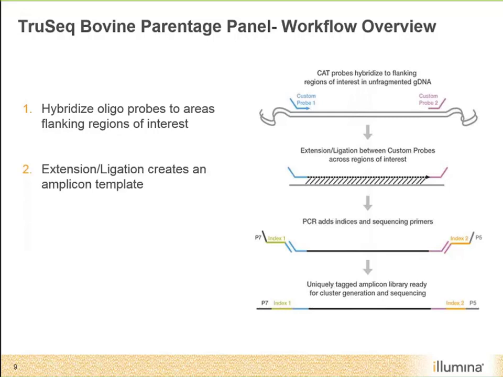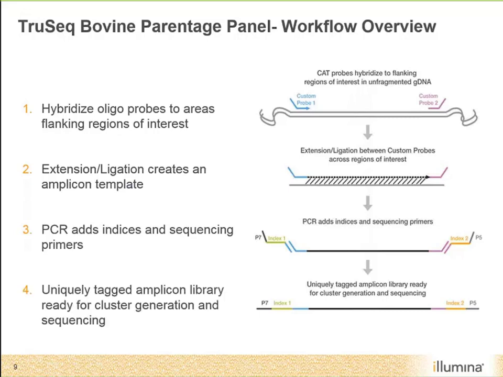We then proceed with an extension ligation that creates an amplicon template. From this amplicon template, we then proceed to a PCR step that adds on our dual index barcodes as well as finishing off the adapter, at the end of which you'll have a targeted amplicon library that is ready for cluster generation and sequencing. So this is, like I mentioned earlier, a brief overview of the workflow.